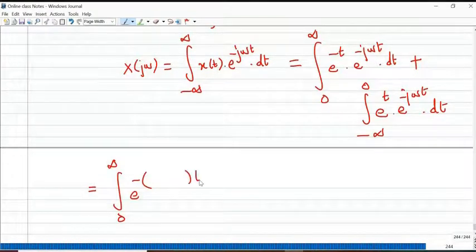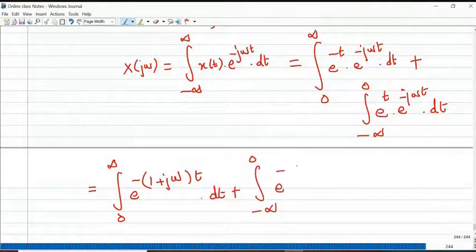If you take e power minus t outside, you will get 1 plus j omega, and for minus infinity to 0, you get 1 minus j omega.